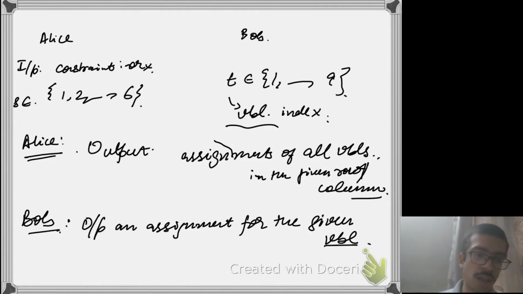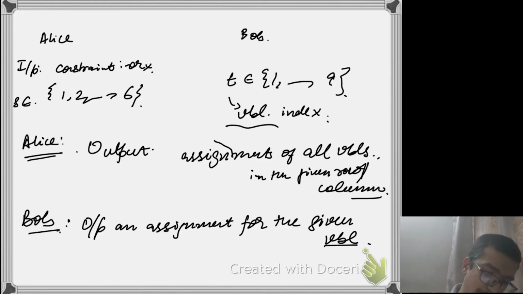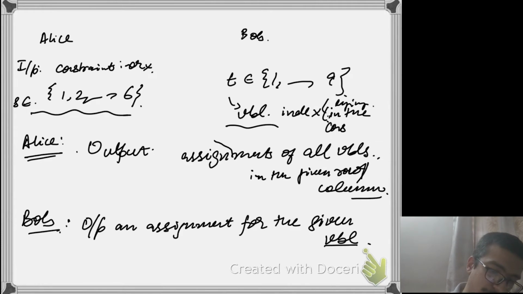Now, when do they win the game? Note that when Alice is assigned a constraint, Bob is assigned a variable index lying in the constraint given to Alice.